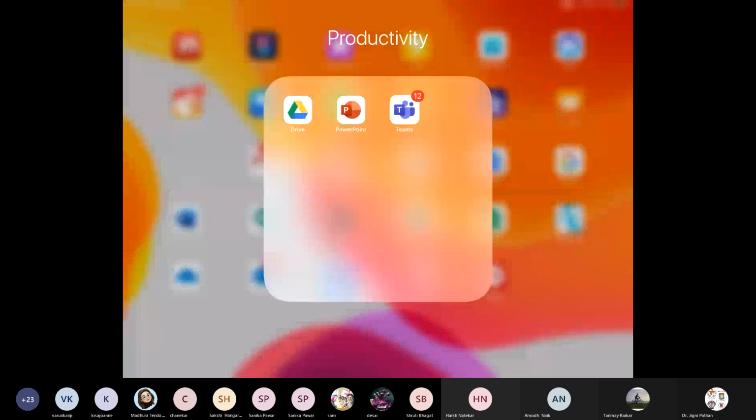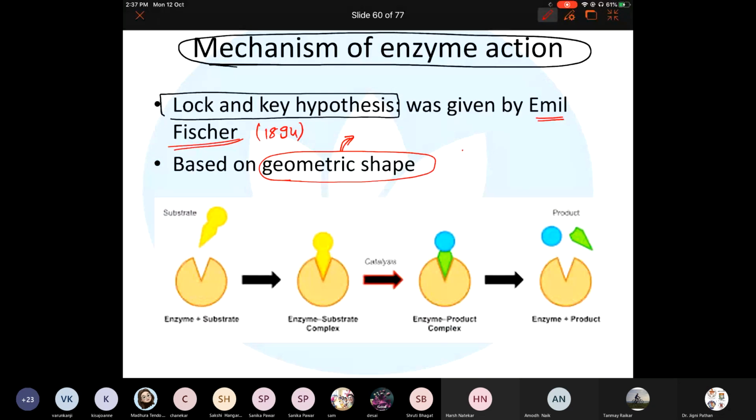Here, geometric shape corresponds to both the enzyme as well as the substrate. Enzyme and substrate both refer to lock and key. So a particular lock opens with a particular key.